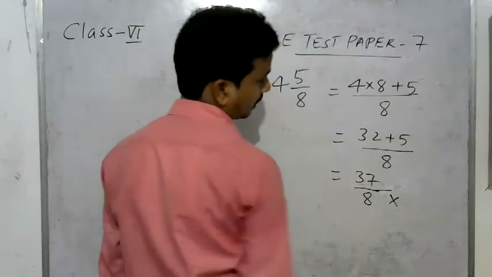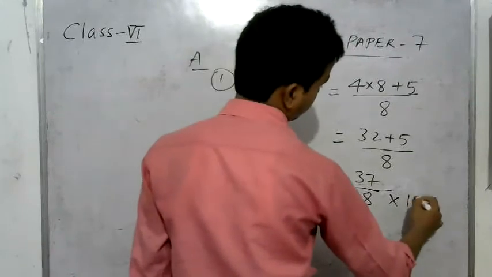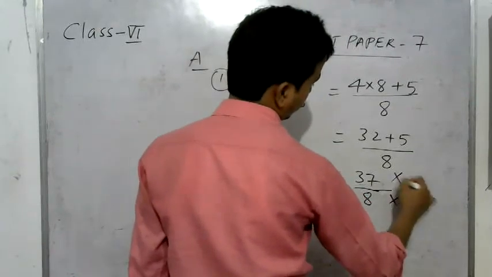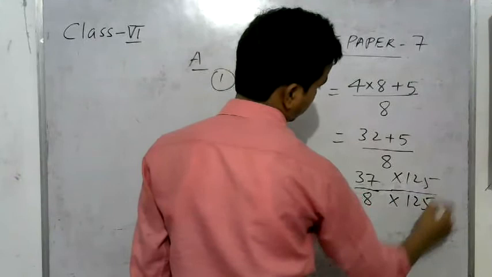So we have to multiply with 5 cube. 5 5 is 25, into 5 is 125, 125 in the numerator.